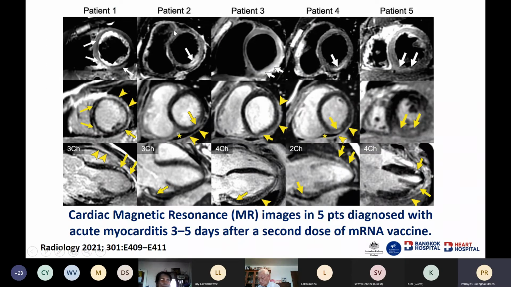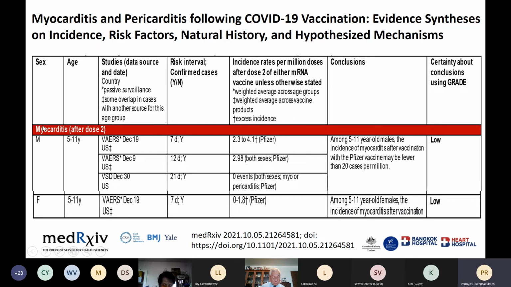And we can see from this, you have the magnetic resonance imaging, okay, to see the heart inflammation, to be sure that you have heart muscle damage. For the kid 5 to 11, now we give the vaccine to 5 to 11 years old as well.